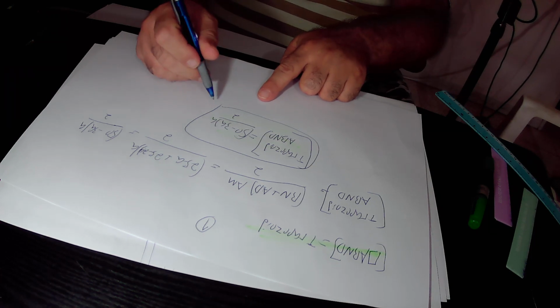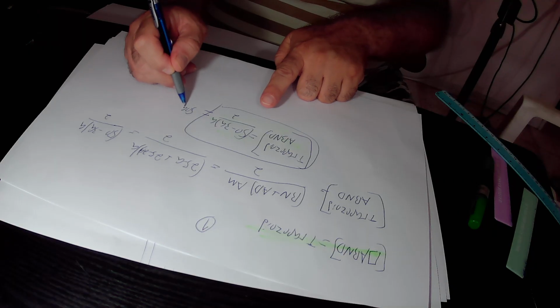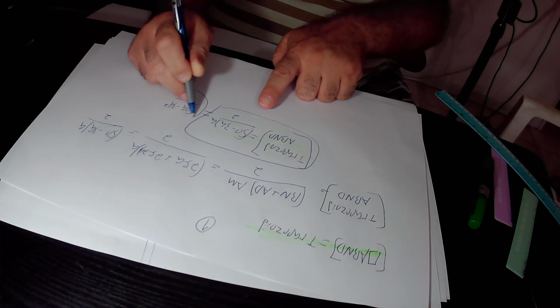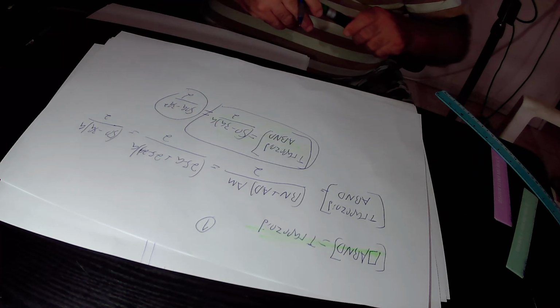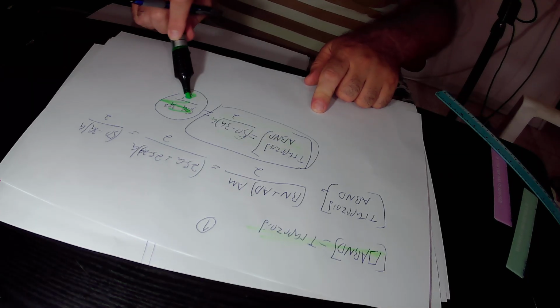Here we'll open the brackets and we get that 50 times A is 50A, minus 3A times A is minus 3A squared, over 2. So in total, the area of trapezoid ABND equals 50A minus 3A squared over 2.